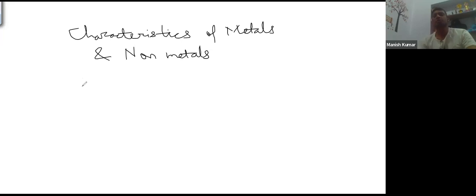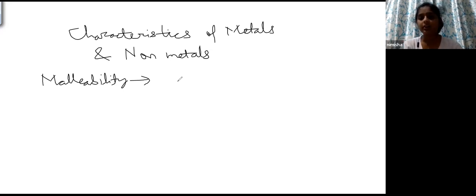Characteristics of metals and non-metals. First we have learned about malleability, okay? What does that mean? That it can be hammered and reshaped into thin sheets. Ductility means it can be beaten with a hammer to form thin wires.